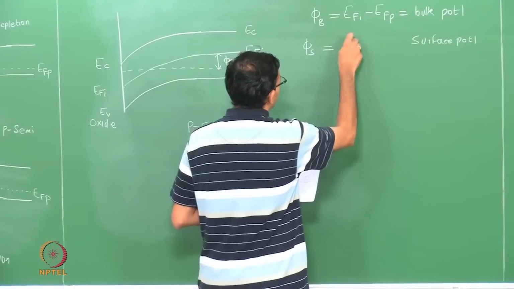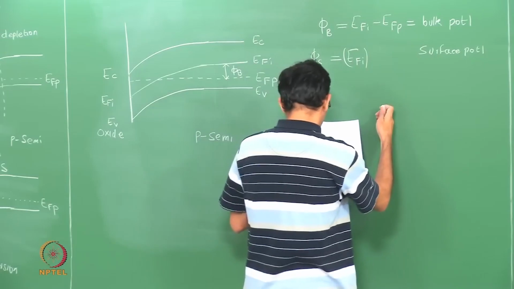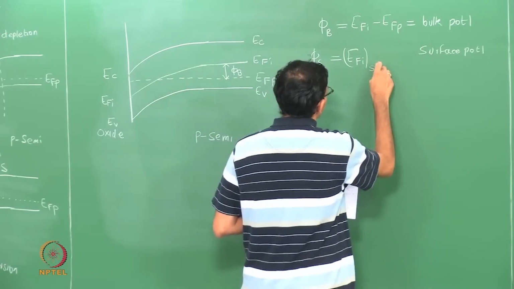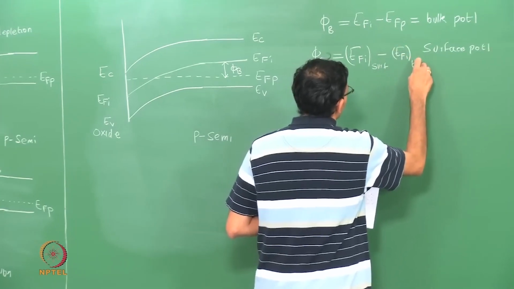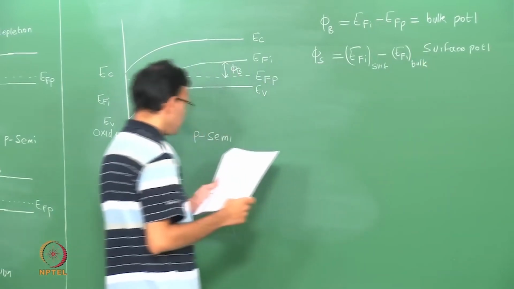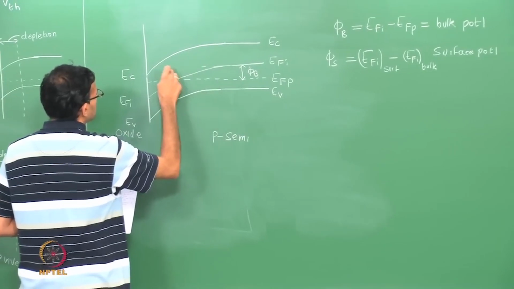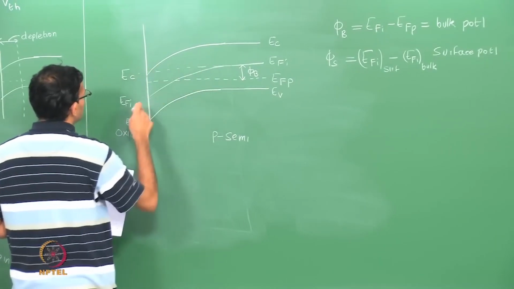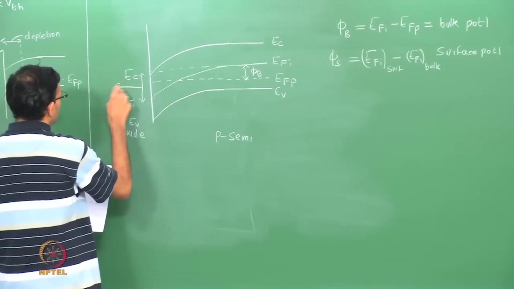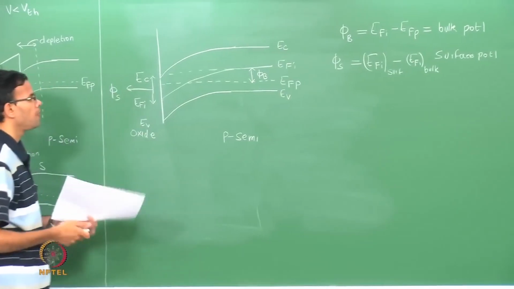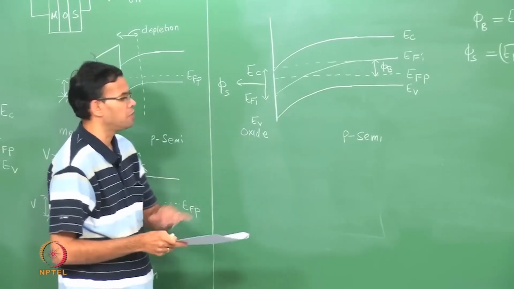So, psi s is EFI at the surface minus EFI in the bulk. If I were to draw this, let me just draw a dotted line, so that this is psi s. So we have a bulk potential, we have a surface potential.